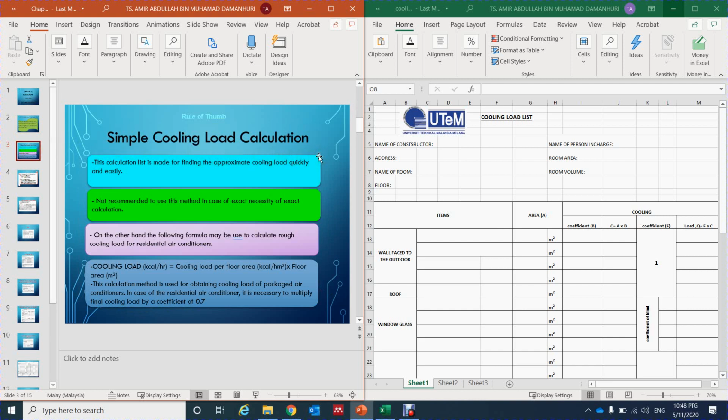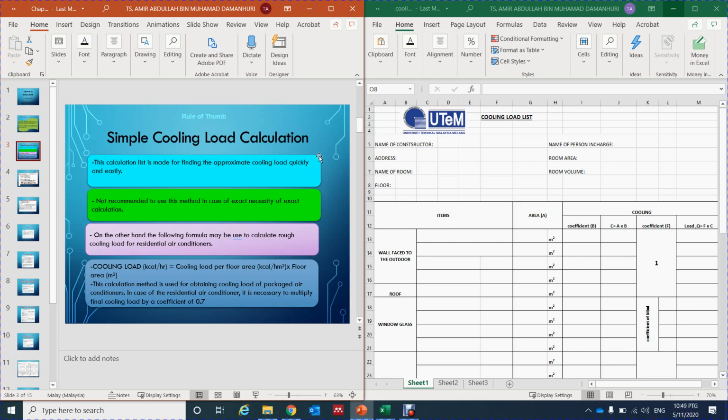Some reminders for you guys. This calculation is made for finding the approximate. As I told you just now, we can only estimate and find the approximate cooling load because we do not know the exact value. Usually for the exact value we will be using the software.